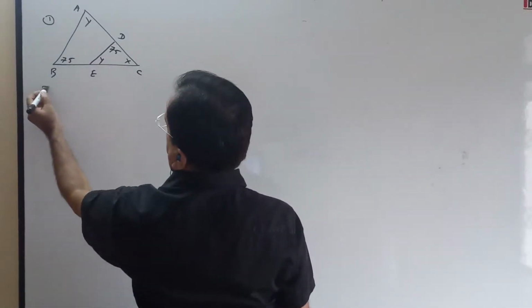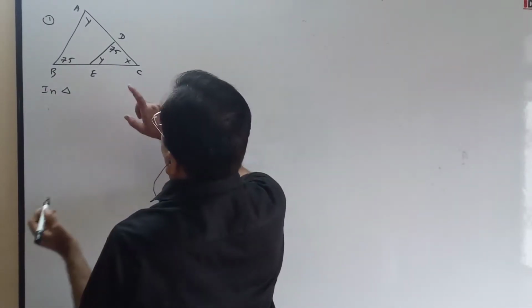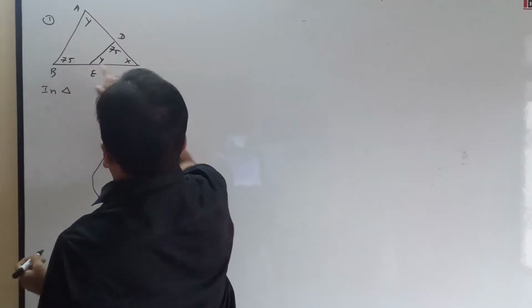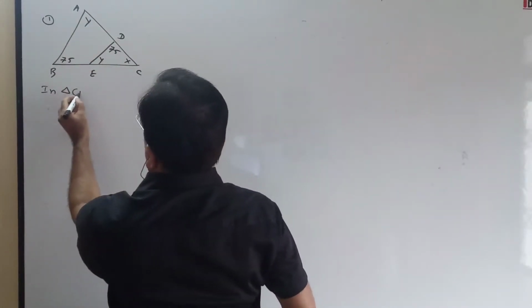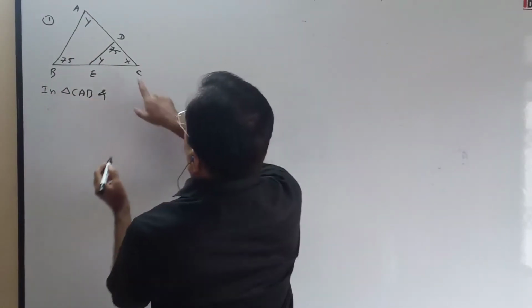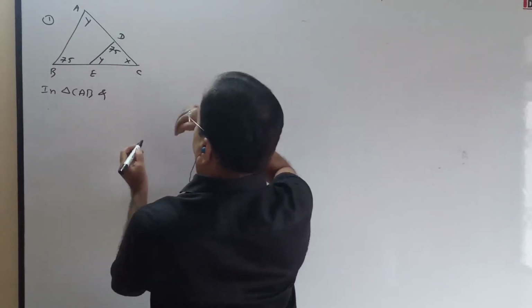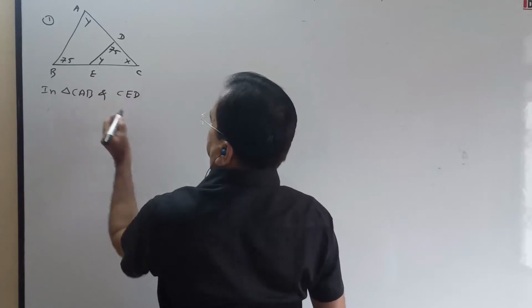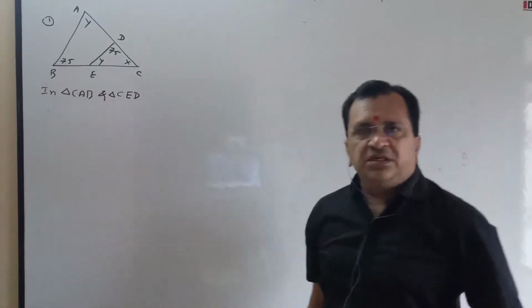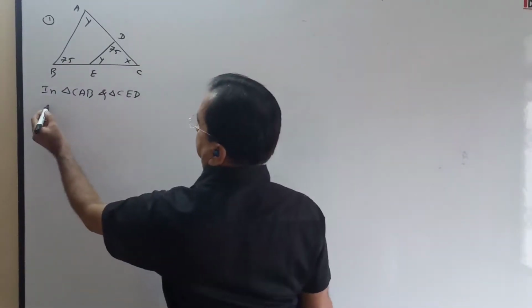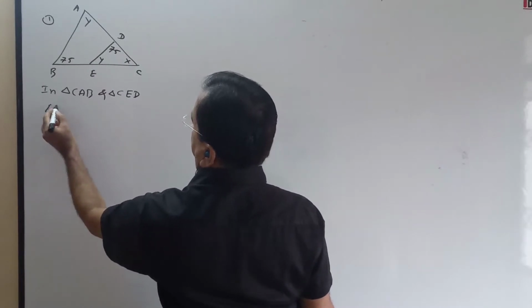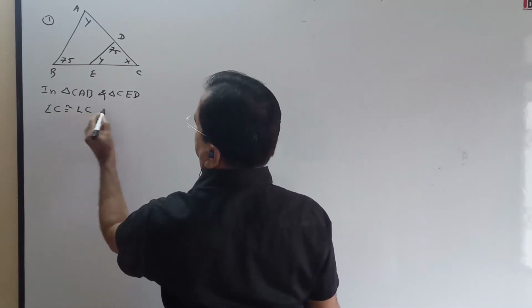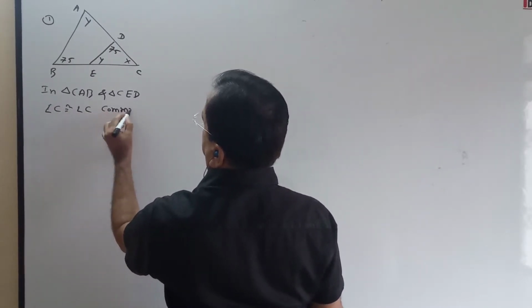Now, in big triangle XYC, CAB, and small triangle XYD, in these two triangles, angle C is congruent to angle C, common.